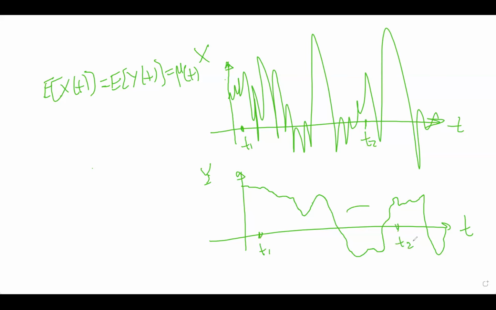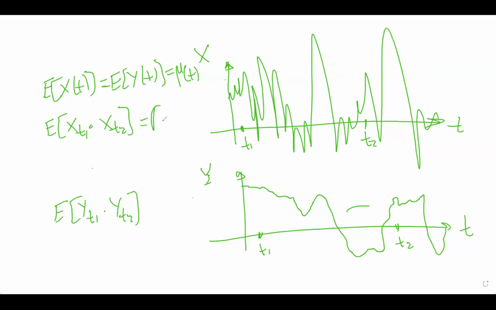Okay. So the expected value of this signal x at t1 times x at t2 is called the autocorrelation between these two times, t1 and t2. And also for y, the expected value of y at t1 times y at t2 gives you the autocorrelation between the two times t1 and t2.